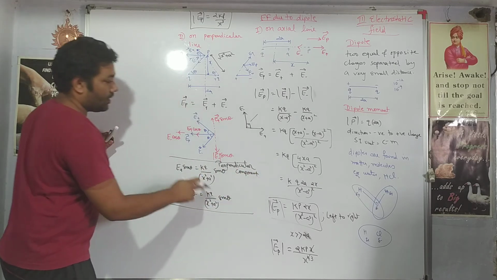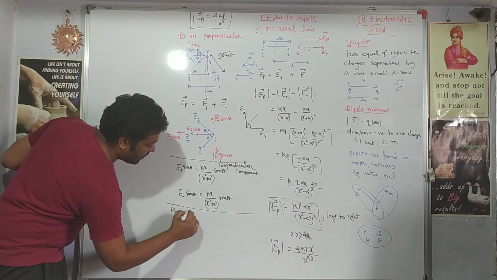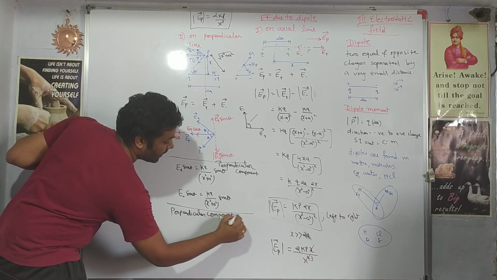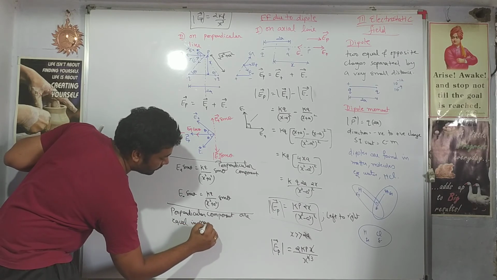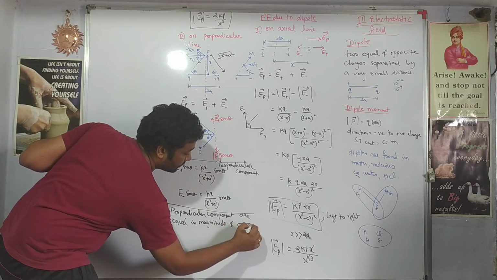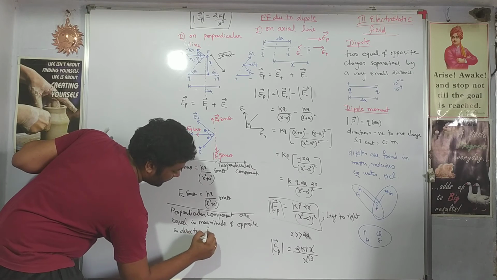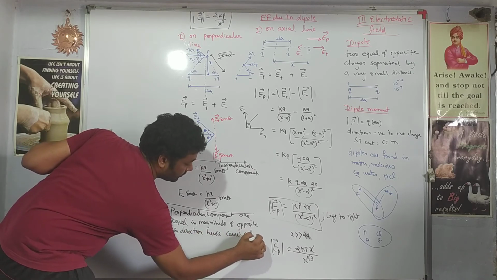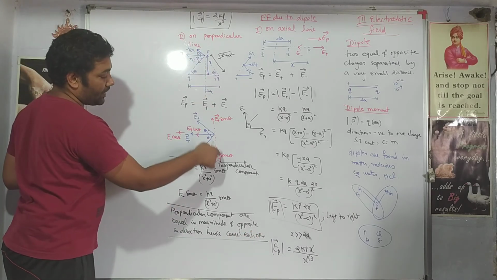From this equation, we can conclude that the perpendicular components are equal in magnitude and opposite in direction. Hence, they cancel each other. This is the conclusion for the perpendicular components.